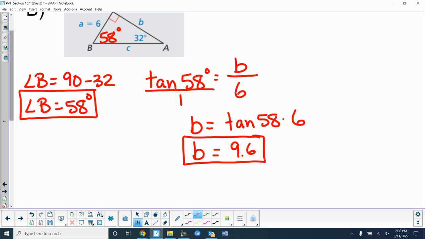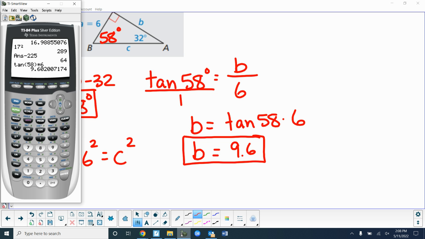Then I'm going to use the Pythagorean theorem to find C. A was 6, so 6 squared plus B, 9.6 squared, equals C squared. Since I have that in my calculator, I'll hit second answer, what I just got, and square it, plus 6 squared, which you guys know is 36.